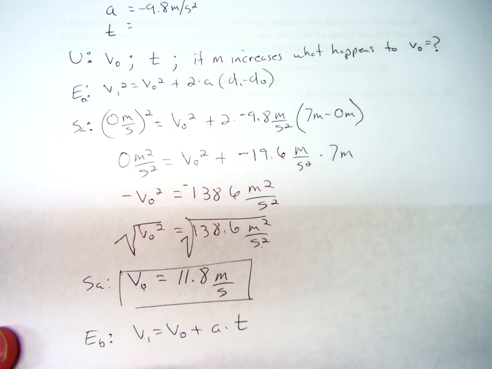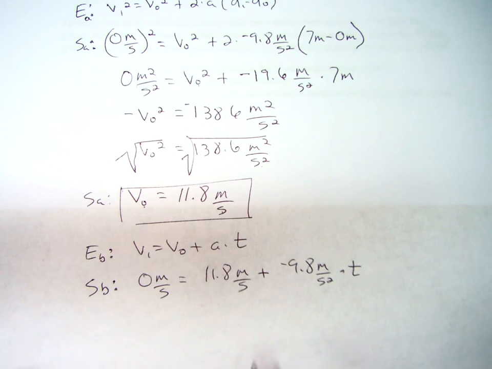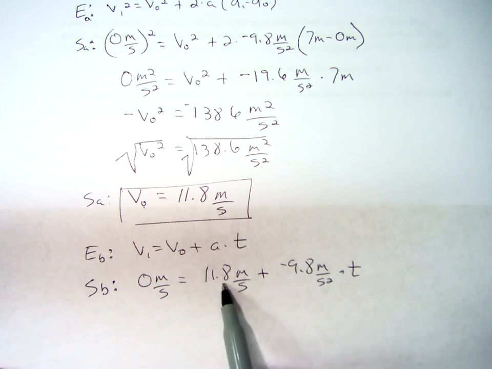Okay, so I'm going to go ahead and plug it in, and I've got 0 meters per second equals 11.8 meters per second plus negative 9.8 meters per second squared multiplied by time. And I'm going to subtract 11.8 from both sides.